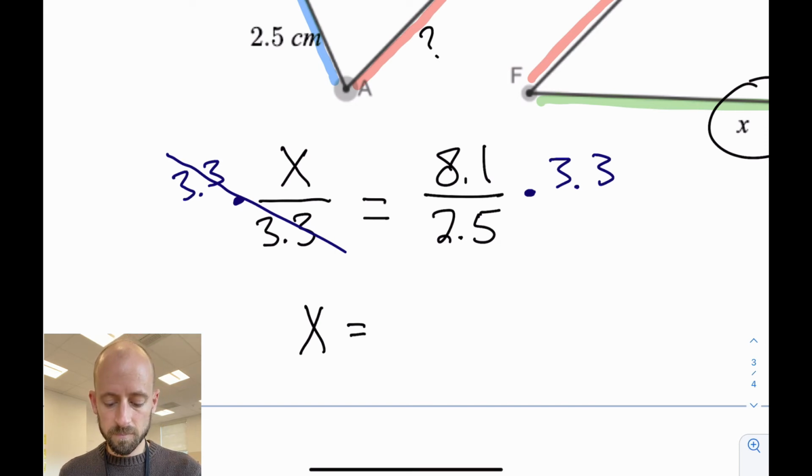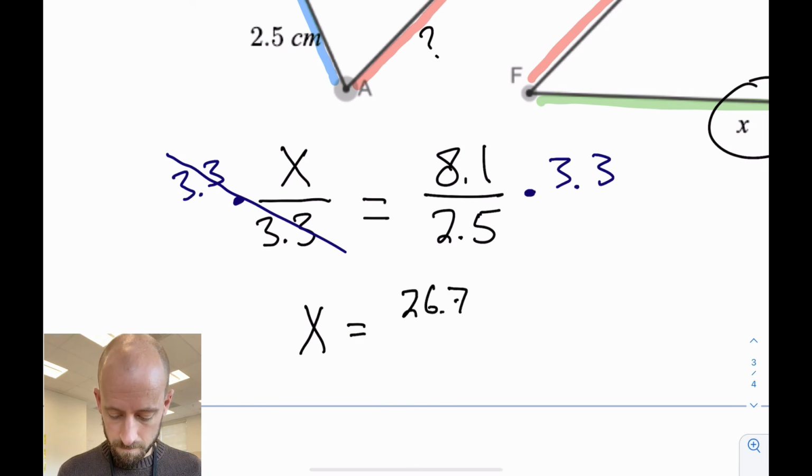So I'm going to take my calculator, which I know a lot of you like using your phone. 8.1 times 3.3, and I got, according to my calculator, 26.73, divided by 2.5.